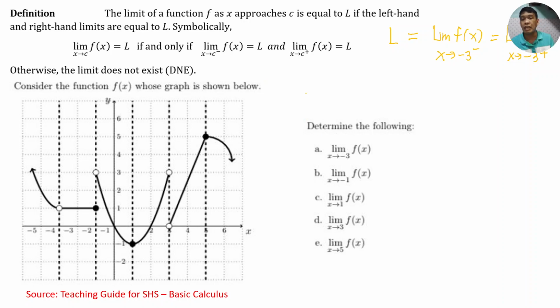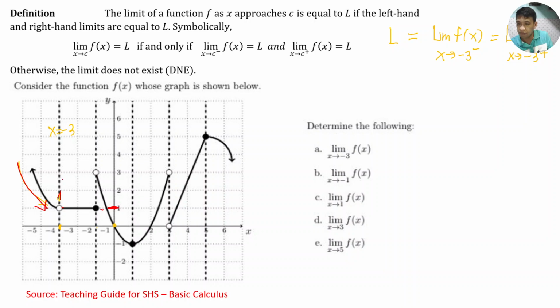Let us try. If x is equal to negative 3, hanapin natin yung negative 3. If this is the origin, ito yung negative 1, ito yung negative 2, ito yung negative 3. If this is x equal to negative 3, tingnan lang natin yung value it approaches from the left. From the left, ang value na ina-approach ay equal sa 1. Coming from the right, ang value na ina-approach ay also equal to 1.